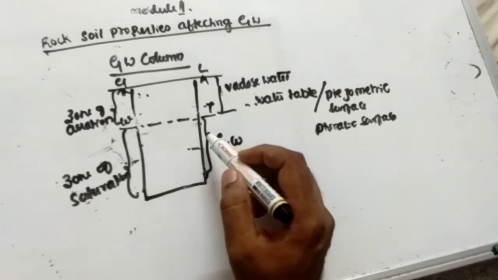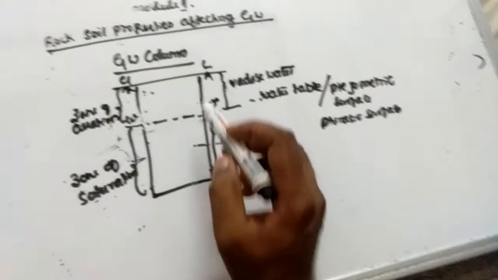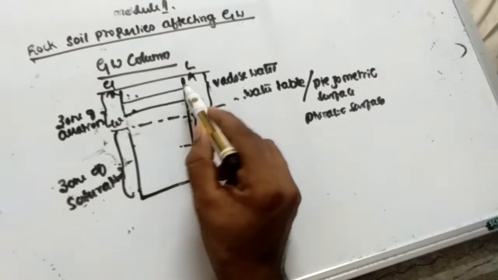Again, the zone of aeration has three zones.